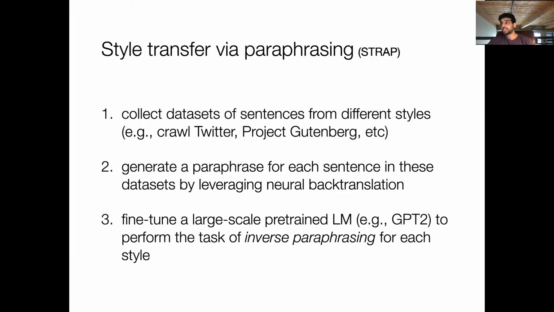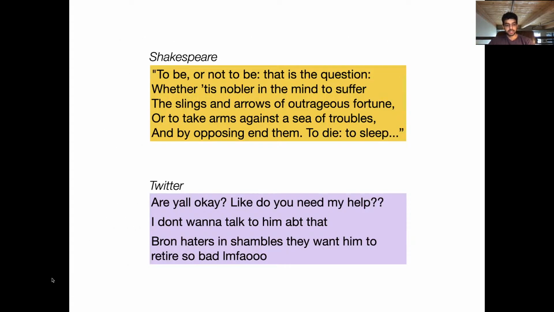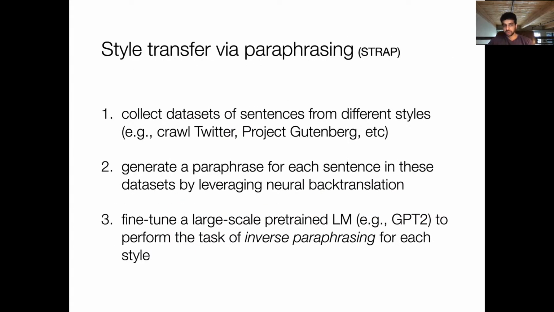And again, just like with paraphrase generation, we have the same problem with style transfer, right? No one is going to sit down and translate "Braun haters in shambles" into Shakespeare language, right? So I'm not going to be able to get publicly available parallel data for style transfer. So I need, again, to create my own parallel data using the tools that I have access to.